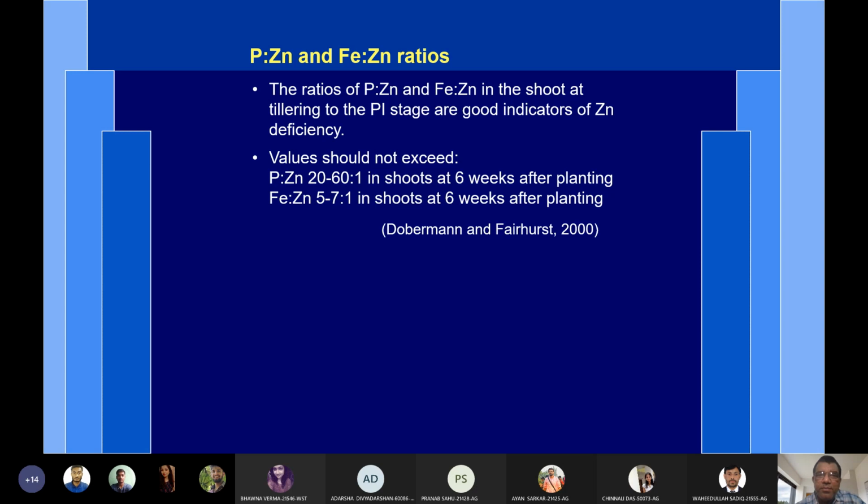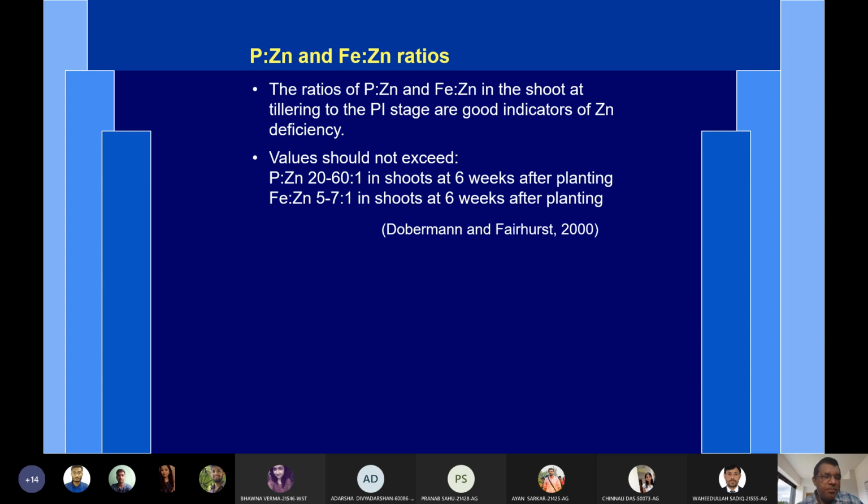People have fixed some ratios of these elements, and the value should not exceed them. For phosphorus to zinc, it should be 20 to 60 is to 1 in shoots at 6 weeks after transplanting. Iron to zinc is 5 to 7 is to 1 in shoots at 6 weeks after planting.